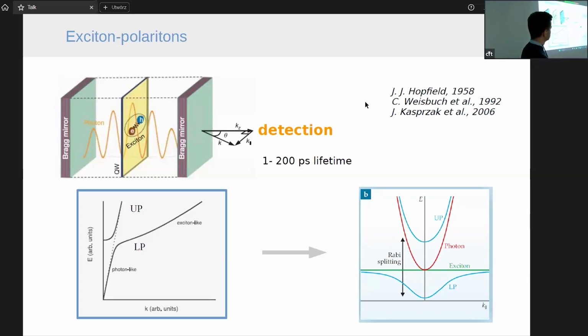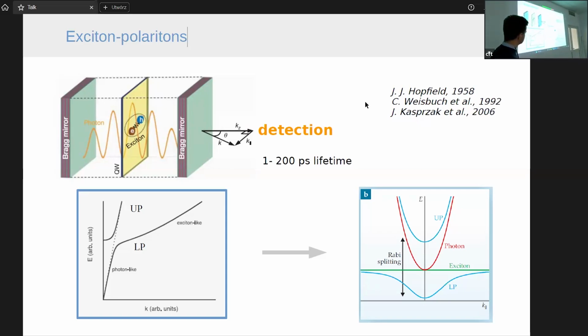So you can plot the dispersion of particles as a function of this parallel momentum. For photons in free space, we know very well that the dispersion is linear. For massive particles like excitons, the dispersion is parabolic. When you couple these two particles together, you expect an anti-crossing and formation of a lower branch and an upper branch, which are called polariton branches.